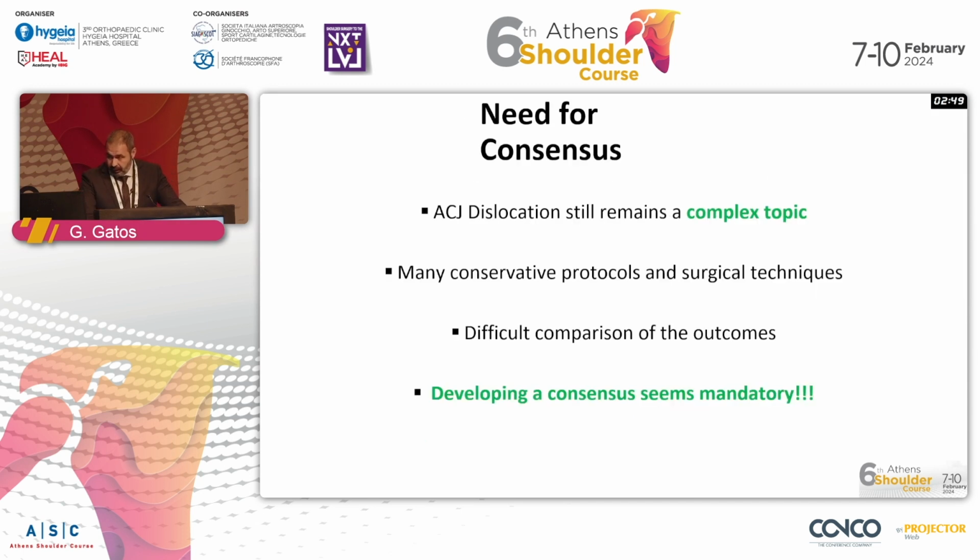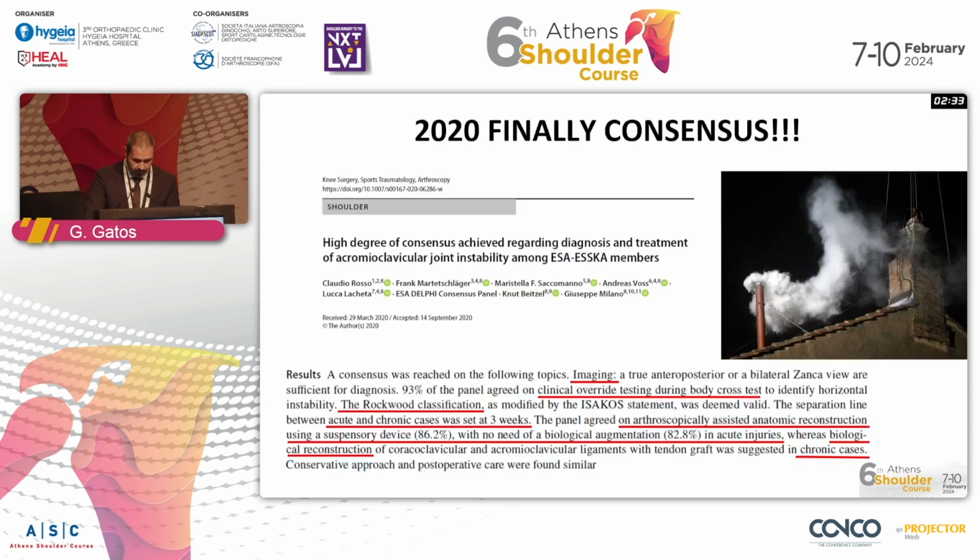AC joint dislocation still remains a complex topic, with many conservative protocols and surgical techniques that make it difficult to compare the outcomes. Developing a consensus seems mandatory, which finally came in 2020, when it was decided that the true anteroposterior or bilateral Zanca view and/or Alexander view X-rays are sufficient for diagnosis.